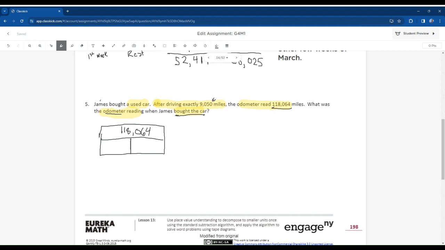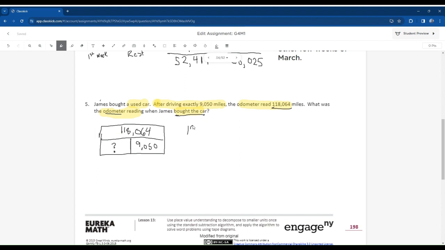Now they tell us that James drove 9,050 miles. So this part over here, the part we don't know, is how many miles was on the car before James started driving it. So again, we'll use subtraction to figure this out.